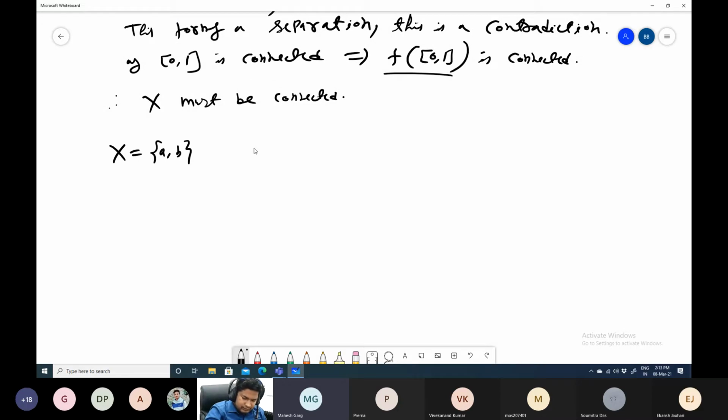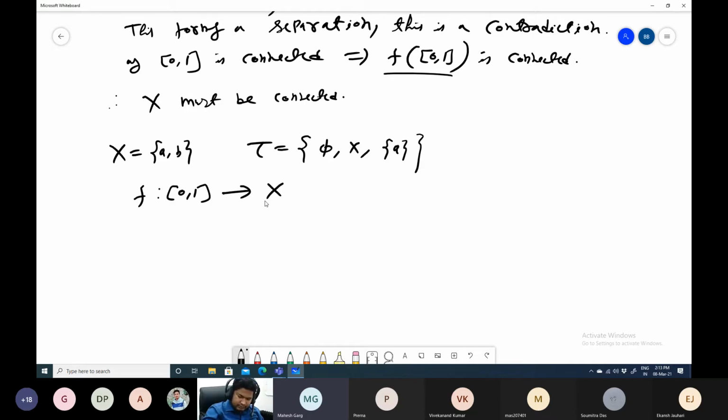Your tau is this one, right? Yes, sir. And now what you are saying is that f is from [0,1] to X such that 0 goes to A and 1 goes to B.